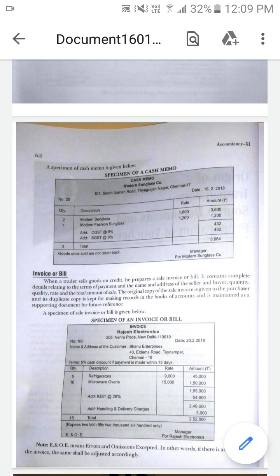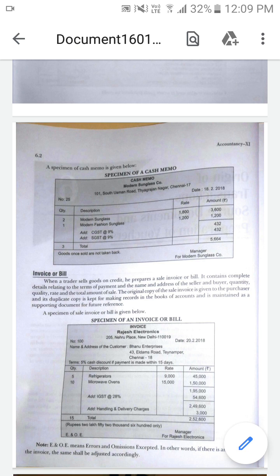So 2 into 1800 is 3600. The next one is modern face sunglass, quantity 1, rate 1200. So 1 into 1200 is 1200. Adding the amounts, we have to add the CGST, that is Central Goods and Services Tax, and the state tax. Both are 9%, and we find the tax and add it to get the total amount.